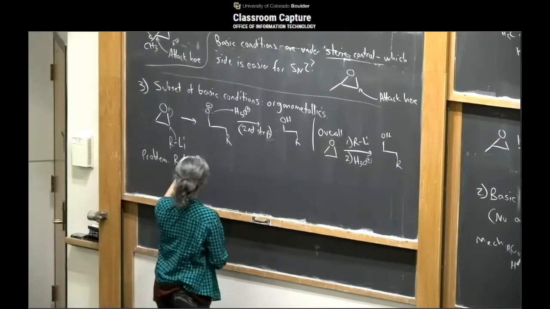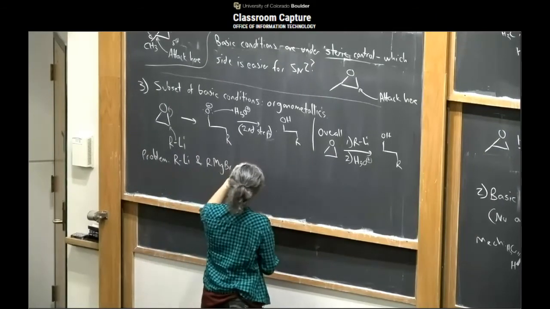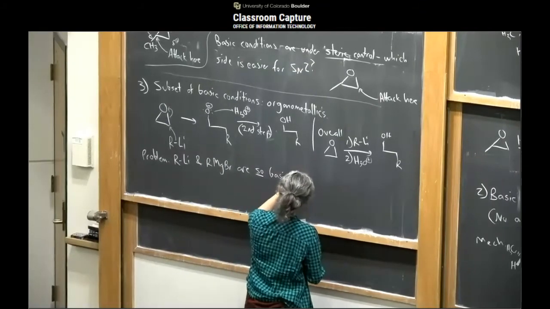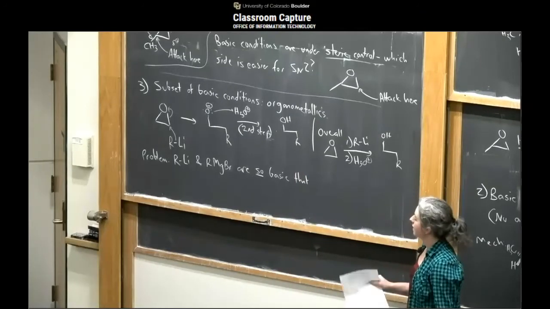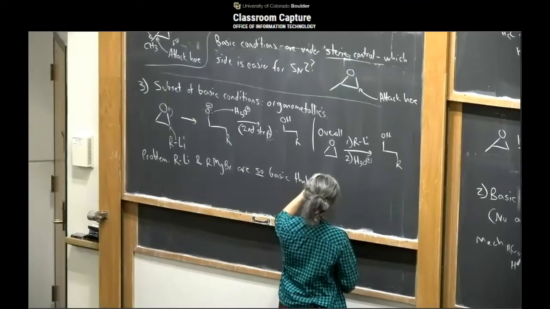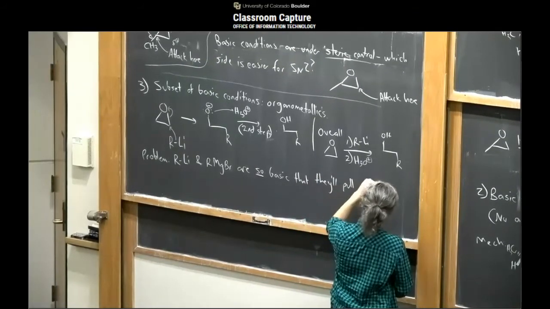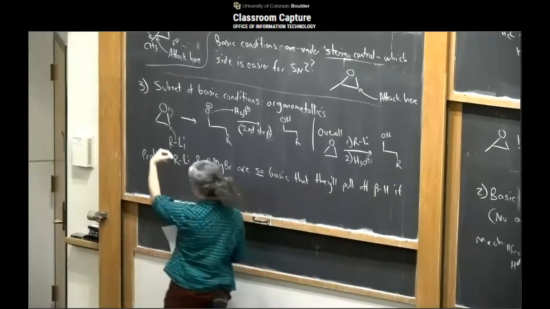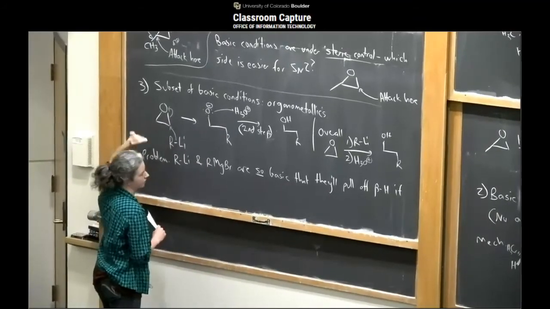So organolithiums are so basic that they're going to rip an H off of any carbons coming off the ring if they get a chance. Which is why I didn't put any dangly groups coming off the ring here.